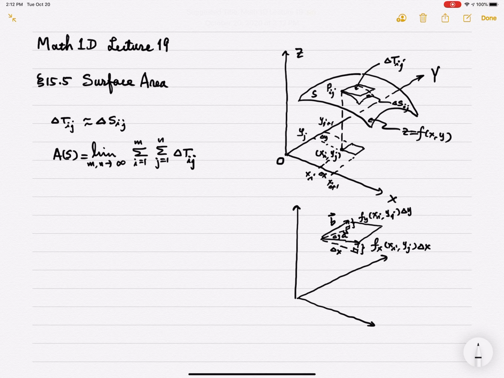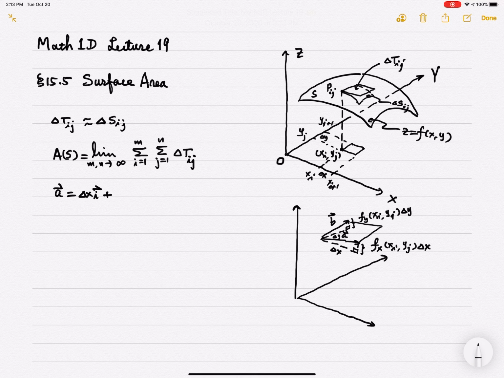Then we can write this vector A as delta x times i, that's in the i direction.